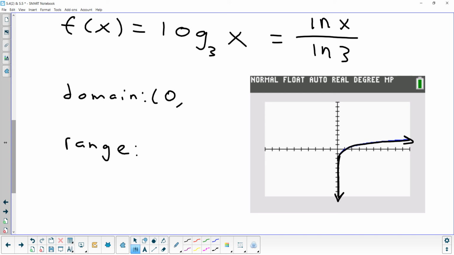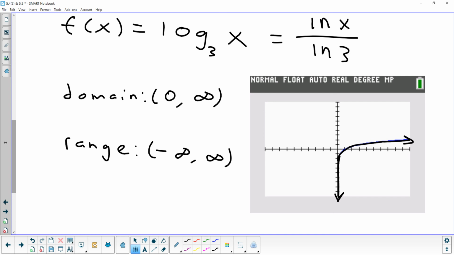You cannot take the log of a negative number. We talked about that. The base on a log can't be negative. The argument can't be negative. So 0 to infinity. And how about my range? What's my range going to be here? Is it negative infinity to infinity? It is negative infinity to infinity. Remember, logs are extremely slow growing.